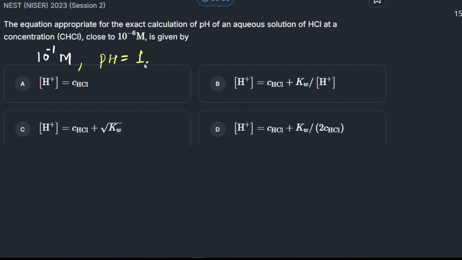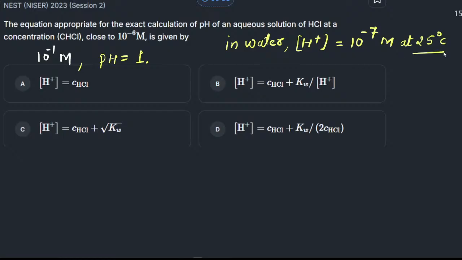But when the concentration is very close to 10 raised to power minus 7, because you know in water, the concentration of H plus ion is 10 raised to power minus 7 molar at 25 degrees Celsius.